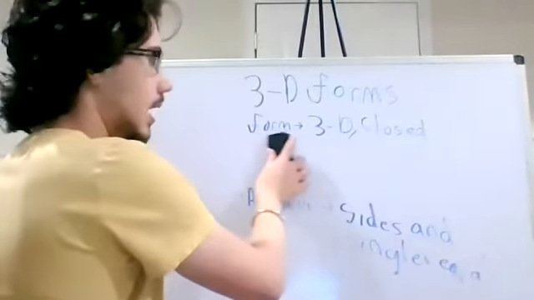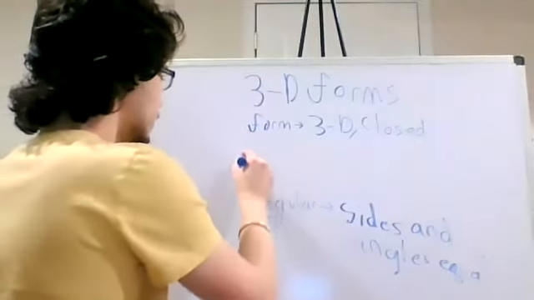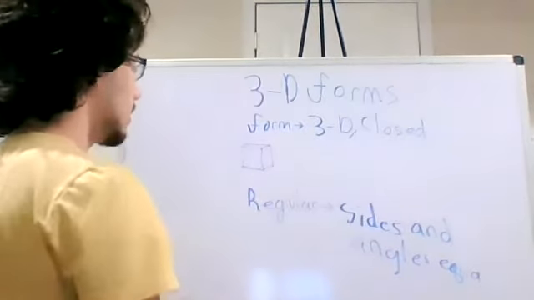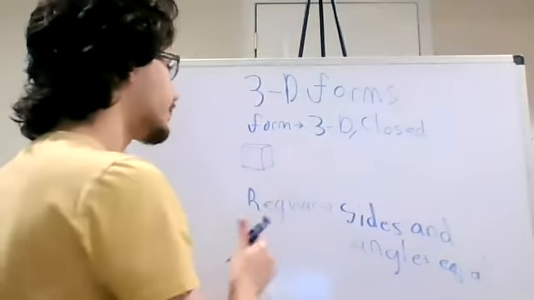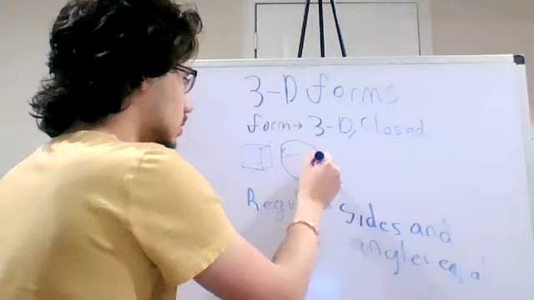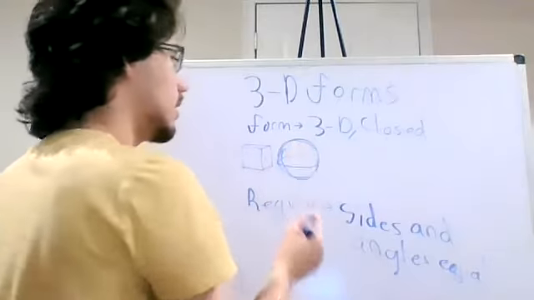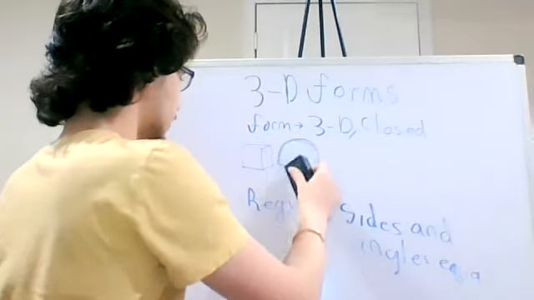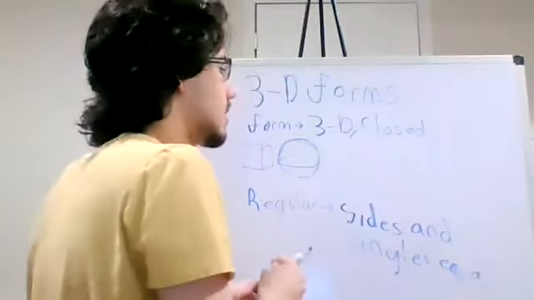Now, some examples of this would be some of the more popular forms, such as a cube, which is the three-dimensional version of a square, a sphere, which is harder to draw, which is the three-dimensional version of a circle, and for triangles, there are several others.